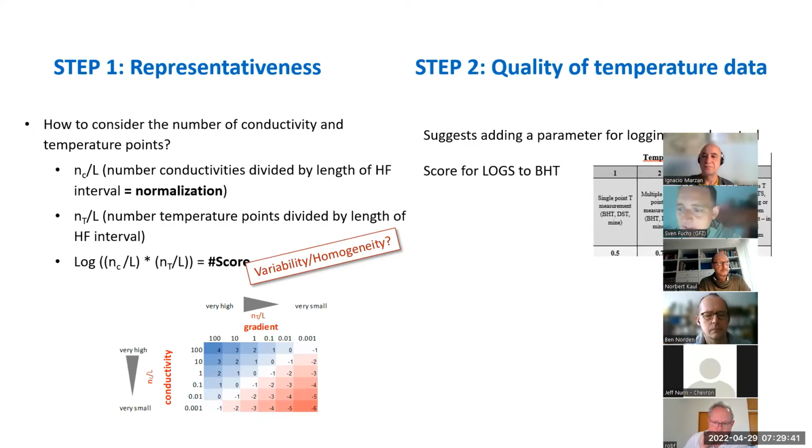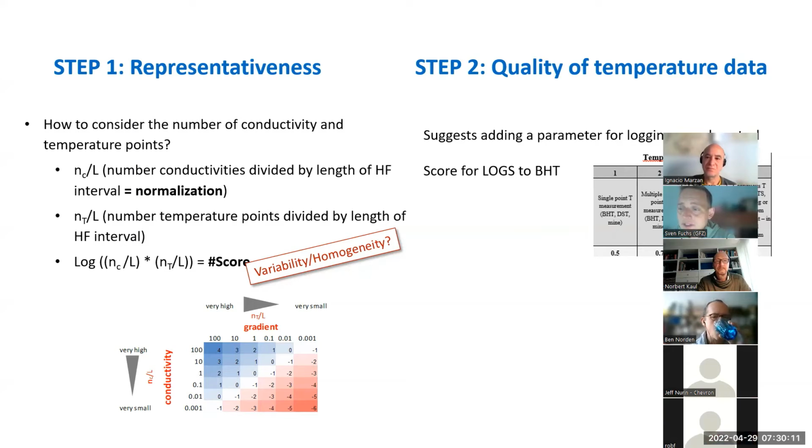Yes, the basic assumption here is that such BHT data or single point DST data are recorded in boreholes, and probably I should have mentioned this earlier. Of course, the methodological part we are discussing here really focuses on borehole mine data, not on oceanic data, or let's say oceanic heat flow probe data.